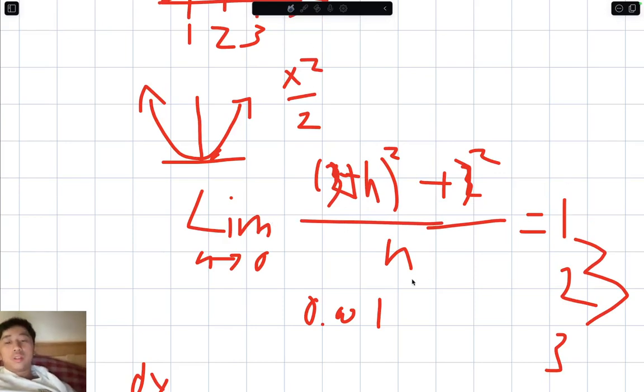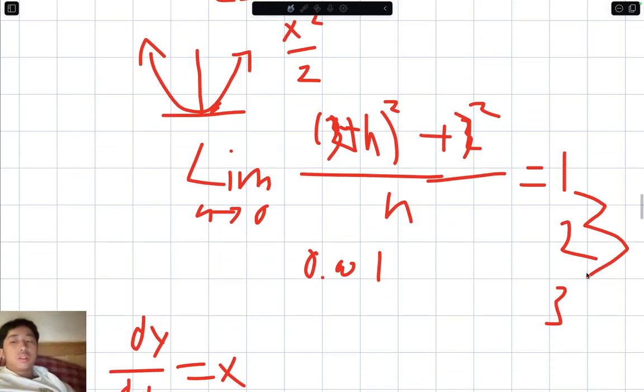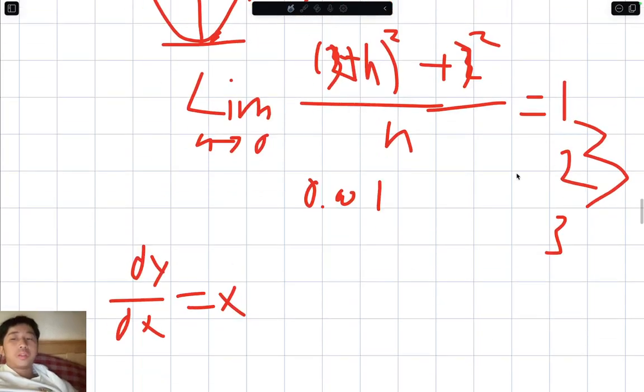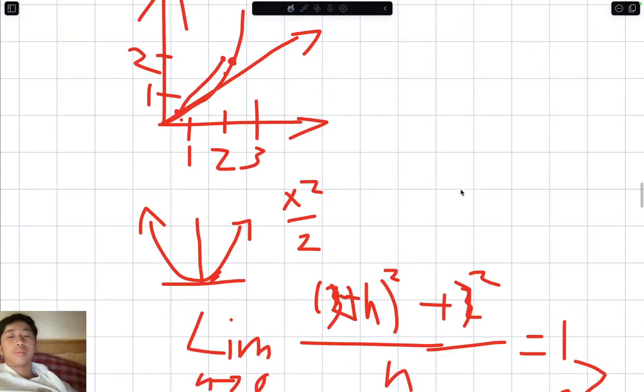Notice how if you put in 1, you'd get back 1 in a calculator, or something close to 1. You put in 2, you get something close to 2. So notice how these values jump by 1 every sequence, which shows that the derivative should be x, because only the function x goes up by 1, 2, 3, and so on and so forth. That's how you describe the pattern.